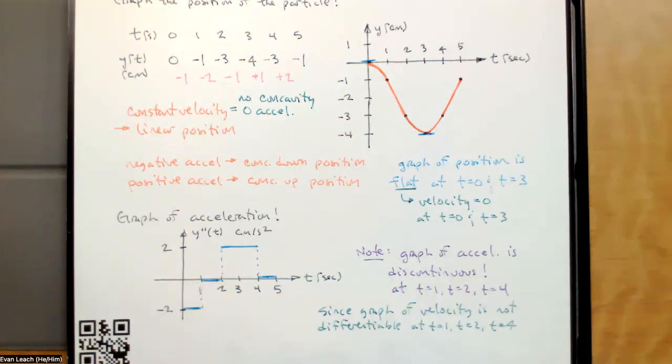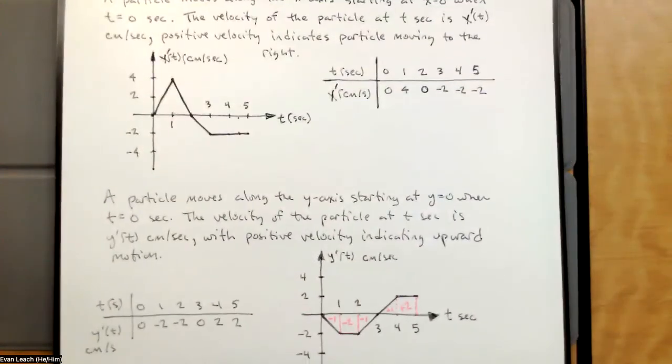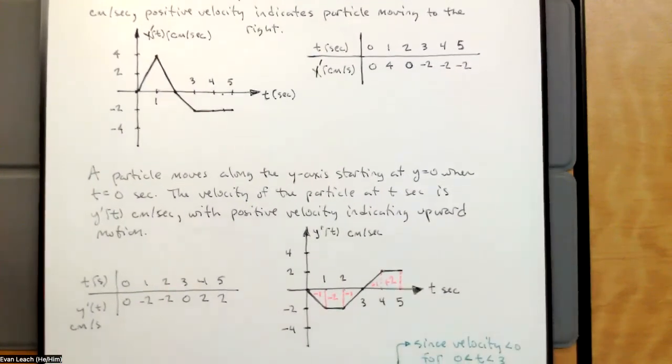Is everybody okay? So all we have to do now is look at our velocity graph from yesterday. We graphed the X yesterday and we graphed the Y today.